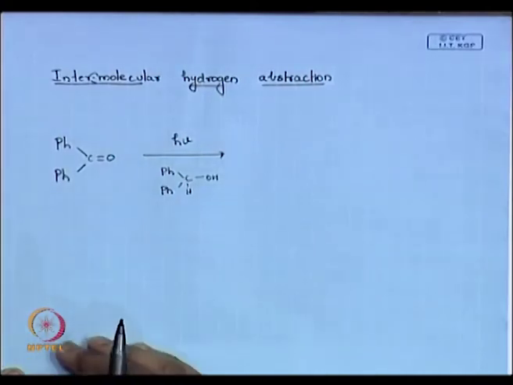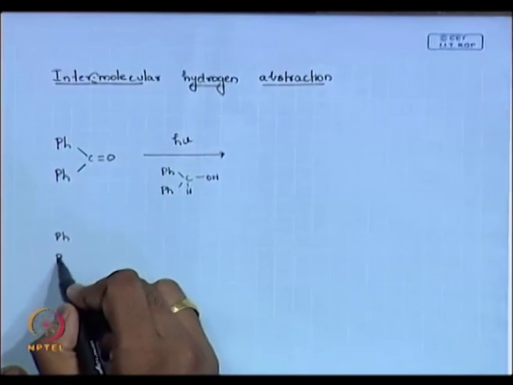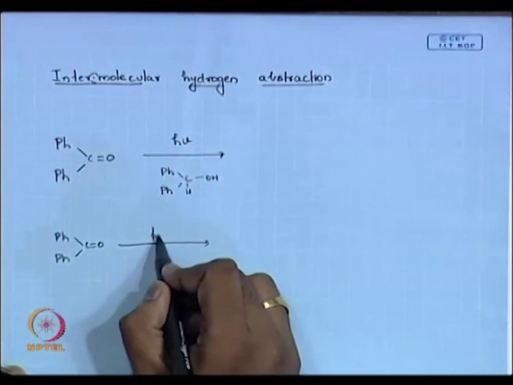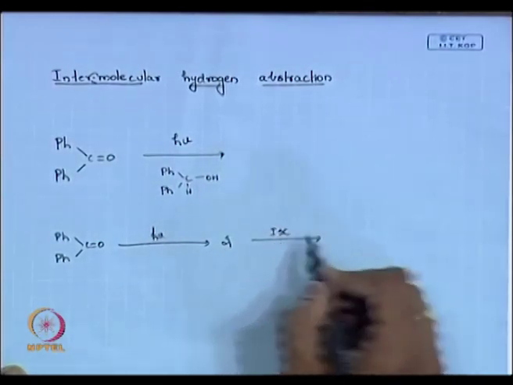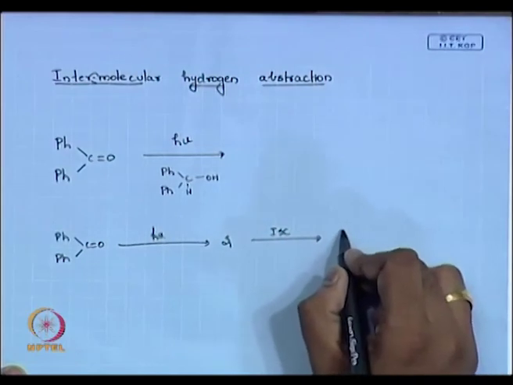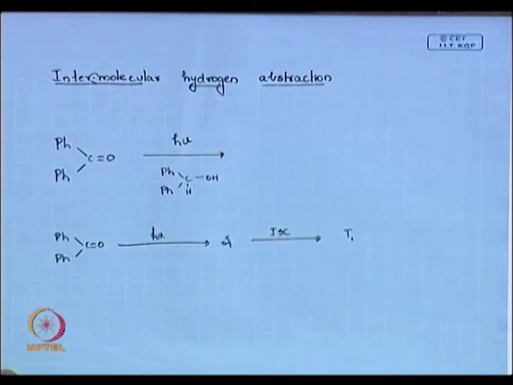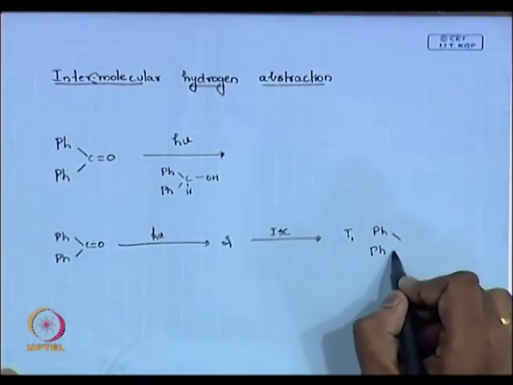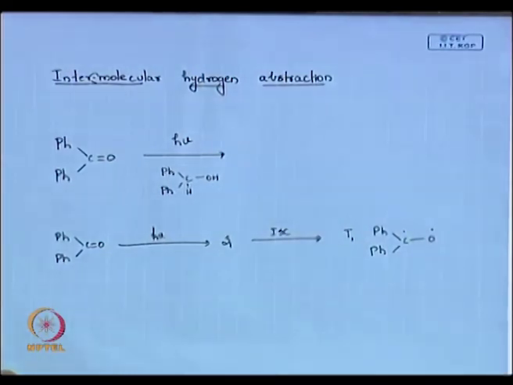Whatever. I selected this case since we know that on photolysis this gets you to S1, then undergoes intersystem crossing to give me a T1. Right. So your T1 will be looking like this.